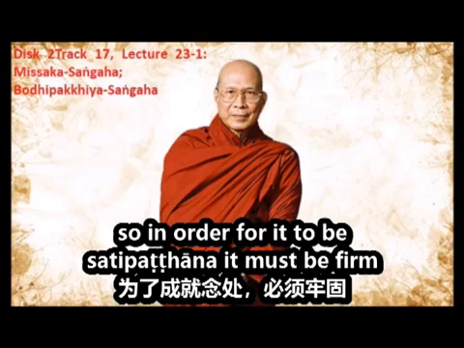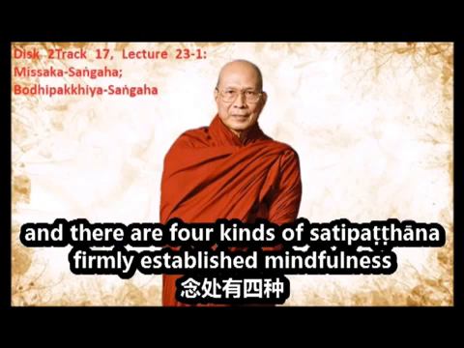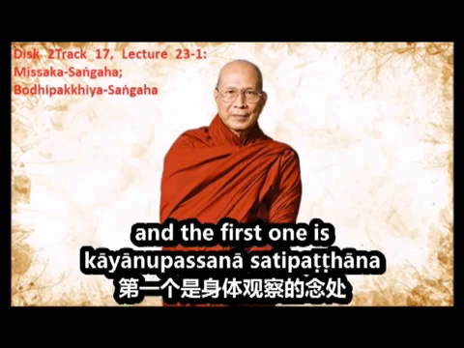So in order for it to be Satipatthana, it must be firm, that it must hit the object squarely. And there are 4 kinds of Satipatthana, firmly established mindfulness. And the first one is Kayanupassana Satipatthana.